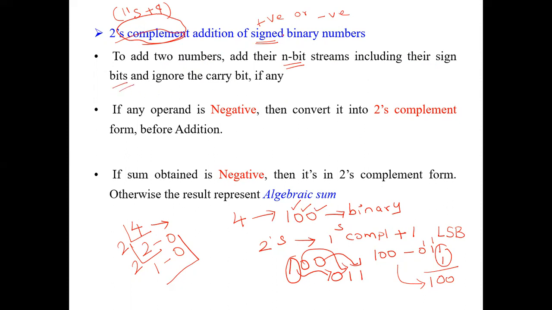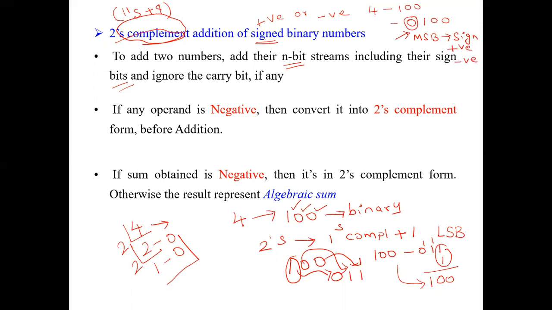Sir, what is the sign bit? Because this is a signed binary number. As I said earlier, the binary representation of 4 is 100, but you have to write it as 0100. Why is this extra 0 added? The most significant bit, MSB, indicates the sign, either positive or negative.